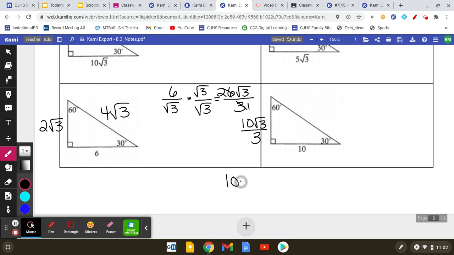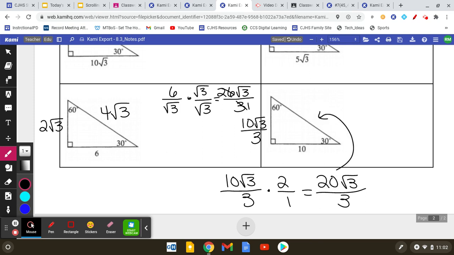We have 10 square root 3 over 3, and we're multiplying it by 2 over 1. So when you look at it that way, you're only multiplying the 10. Good question. So this is our hypotenuse.